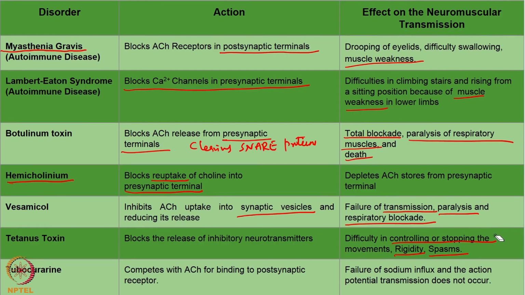Note, only when acetylcholine is bound to the receptor will the channel open and let in sodium, not when anything is binding. So, sodium will not enter when tubocurarine is attached to the postsynaptic nicotinic cholinergic receptor.